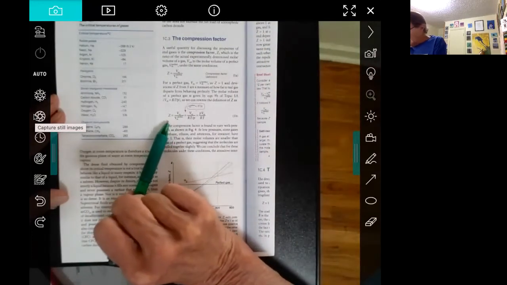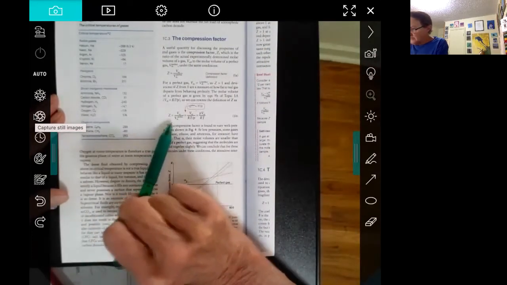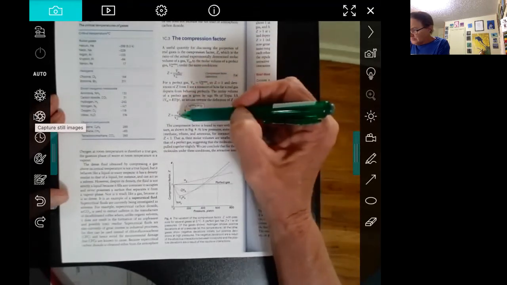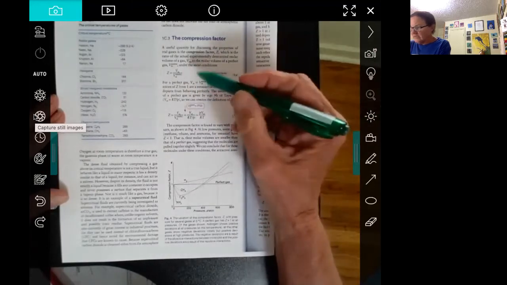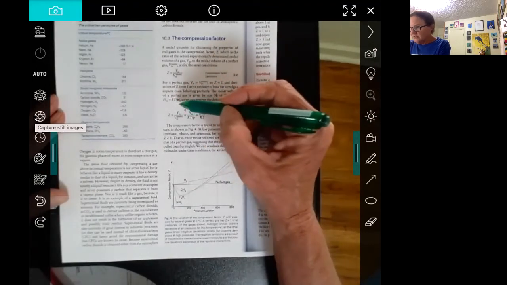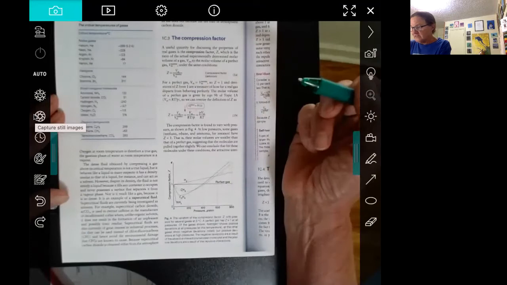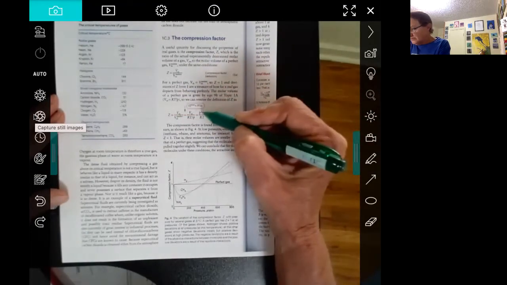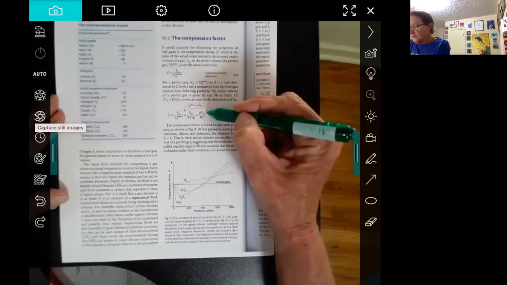But in general, you can replace the molar volume of the perfect gas with its relationship to RT and P from the ideal gas law. And when you put that in, your Z will be the pressure times the molar volume that you measure divided by RT, which is your compression factor.